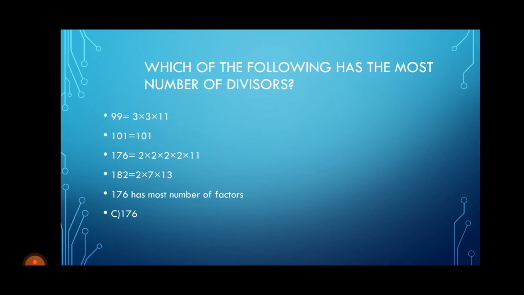And for 182, the factors are 2 into 7 into 13. So when we count, the most number of divisors is available in 176. So the answer is 176.